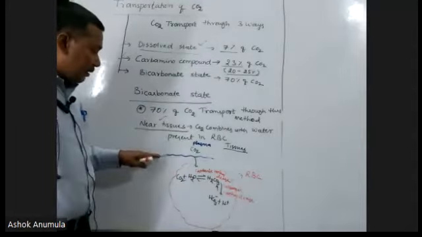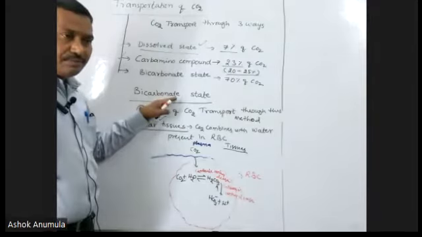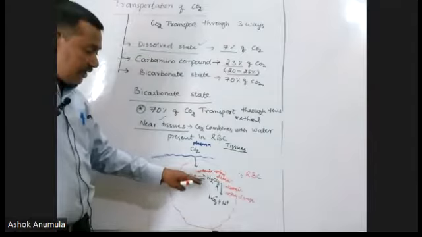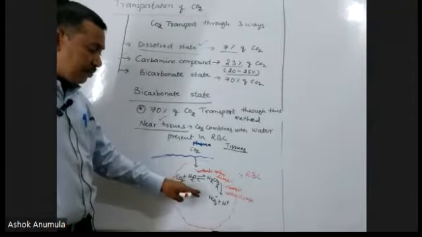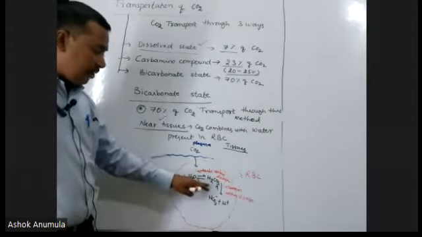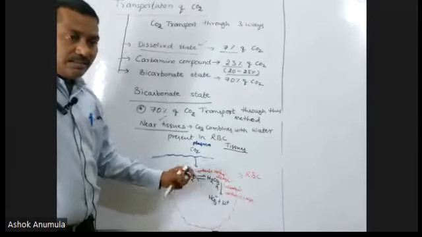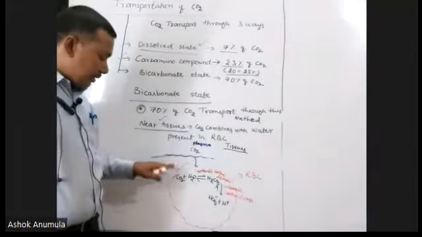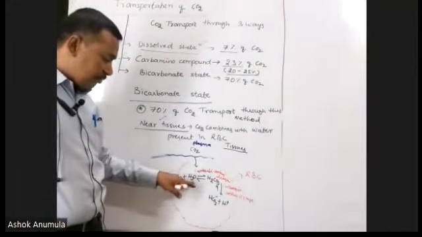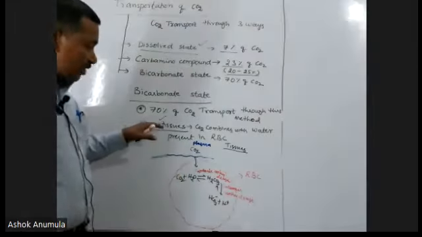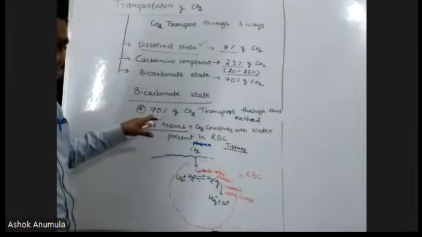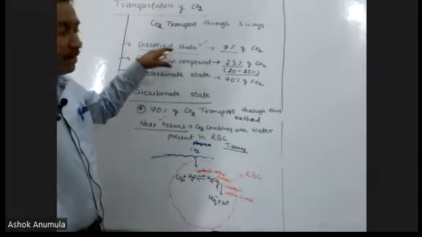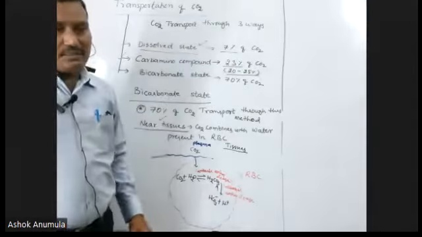But in the bicarbonate state, the CO2 combines with water and develops into carbonic acid and bicarbonate, and it is transported through the water which is present in the RBC. In this method, 70% of carbon dioxide is transported.